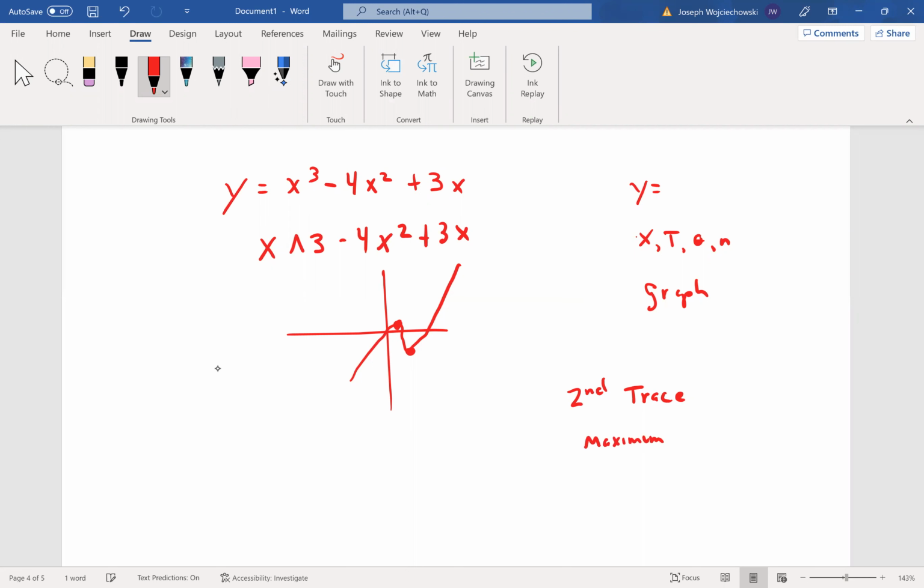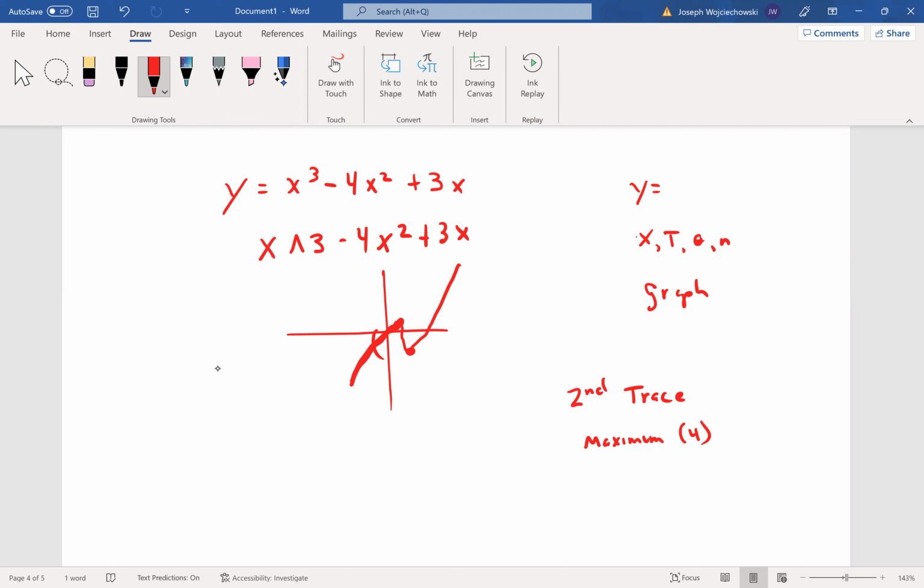Maximum, that's number 4 on my calculator. So go down to maximum, hit enter. Now you'll note in the bottom left-hand corner, it's going to say left bound. So I need to pick a point somewhere in this area to the left of that point. I move my arrows till I'm there, and I hit enter. Now in the bottom left corner, it says right bound.